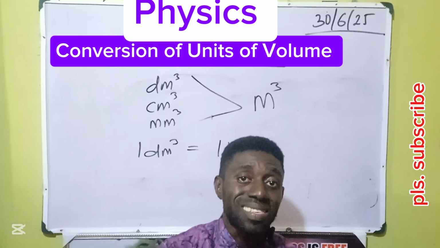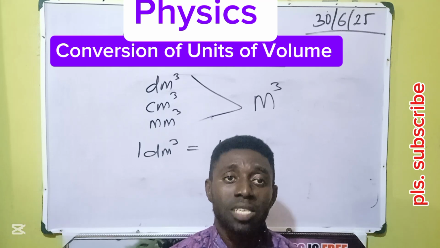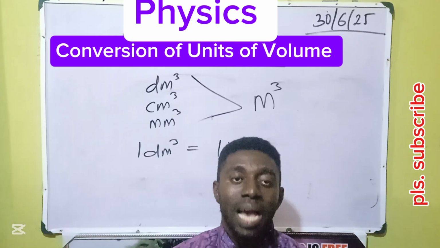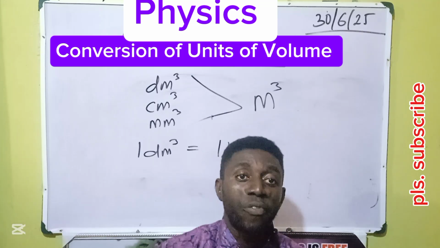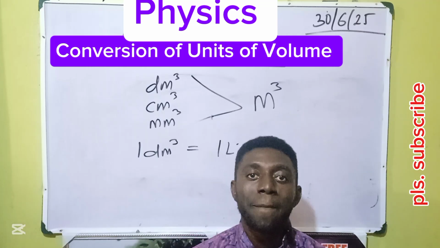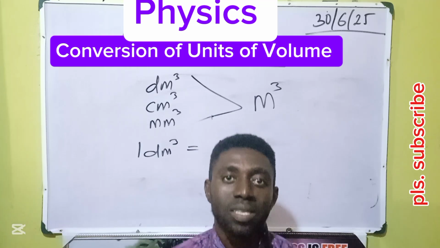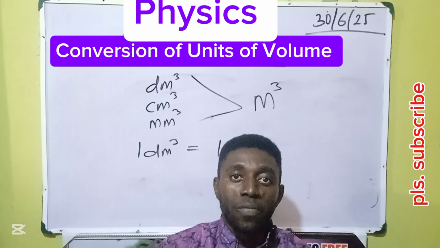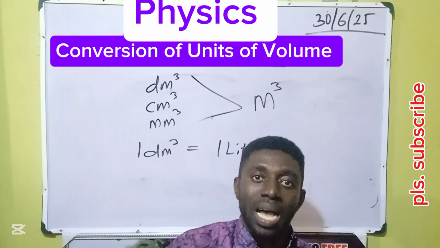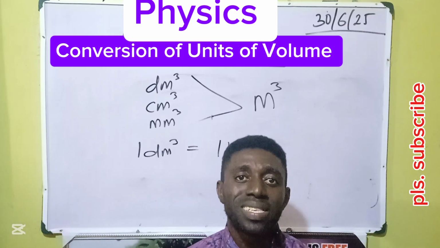That makes it possible for us to calculate the volume of water, kerosene, gases, and so on and so forth, because fluids, for example liquids and gases, assume the shape of their container. Therefore, we can calculate their volume because the container itself has 3 extensions in space. So we take advantage of the shape of the container to ascertain the volume of liquids and gases. Okay, so let's go back to the actual conversion of these diverse units.